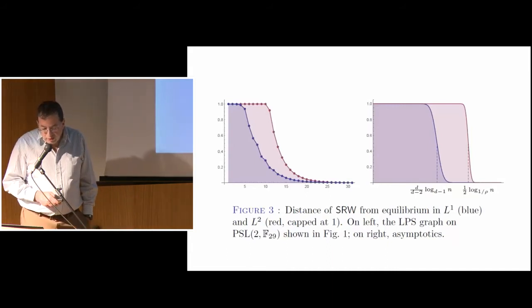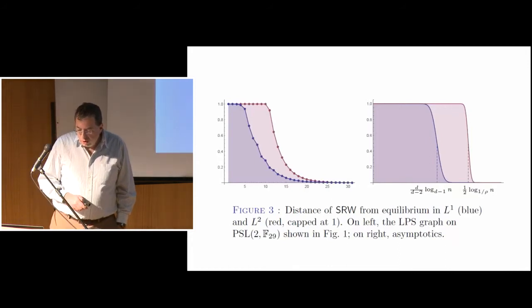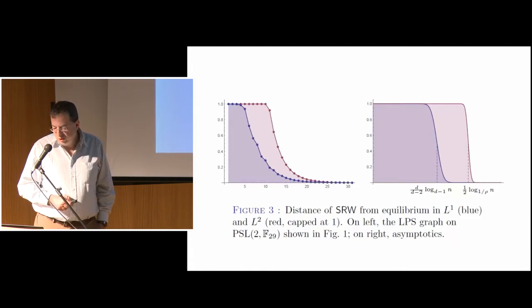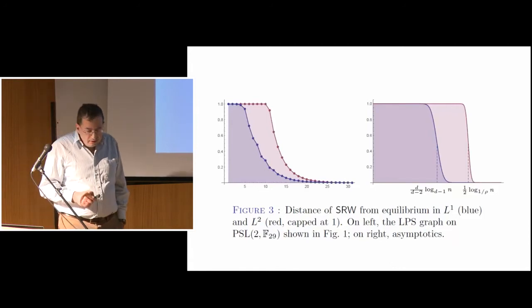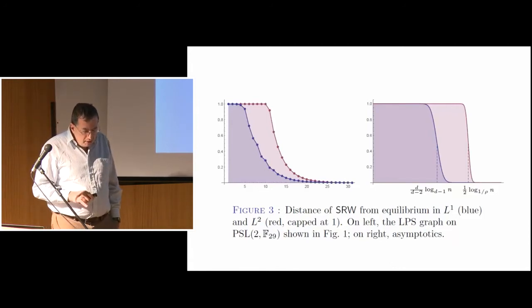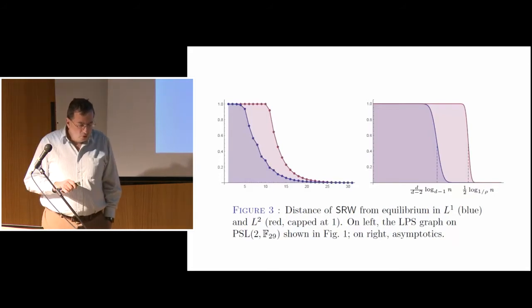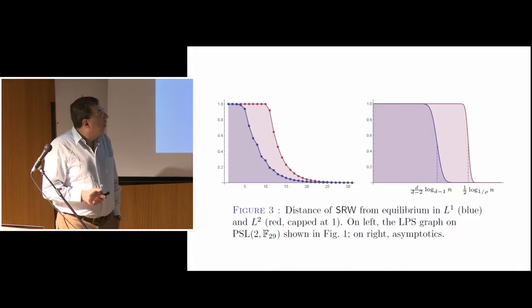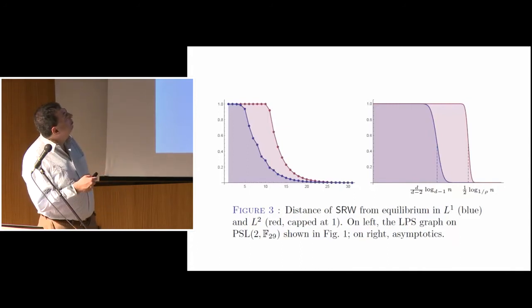Now we're going to look at random walk on these graphs and the distance from equilibrium for the random walk. And as I hinted before, the standard method of comparing L1 and L2 doesn't work here to prove cutoff. So here is the LPS graph, just computed numerically. And you see that the distances in L2 go down considerably later than the distances in L1.